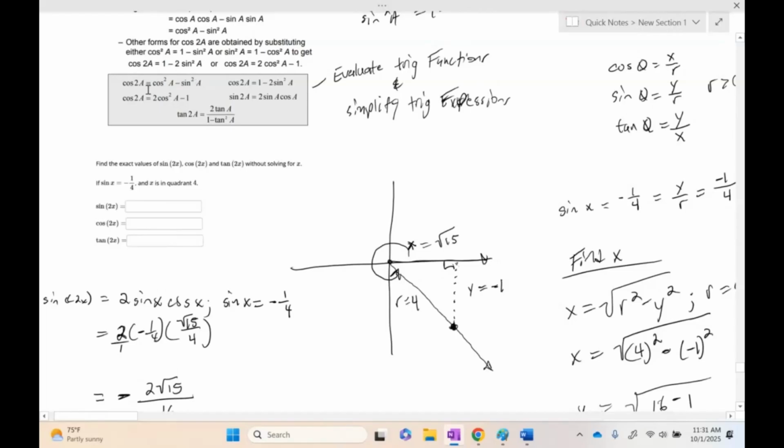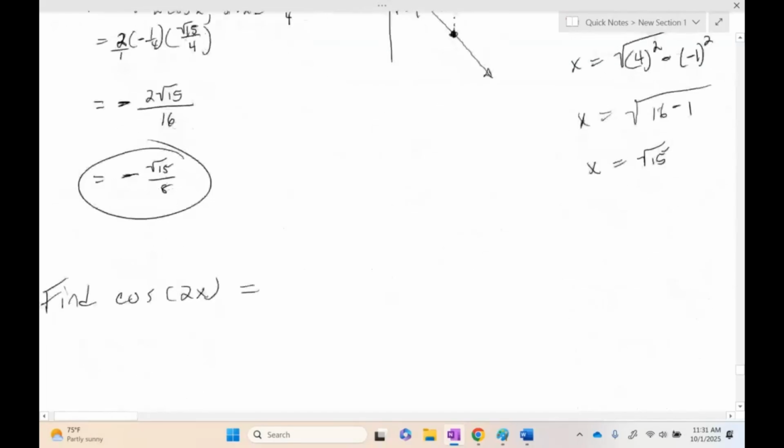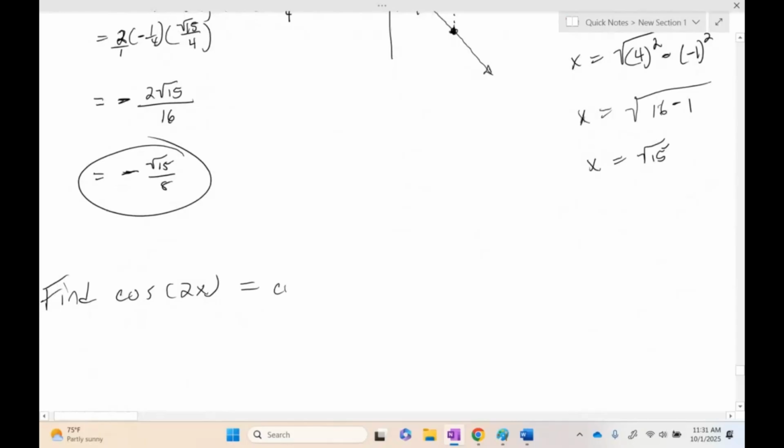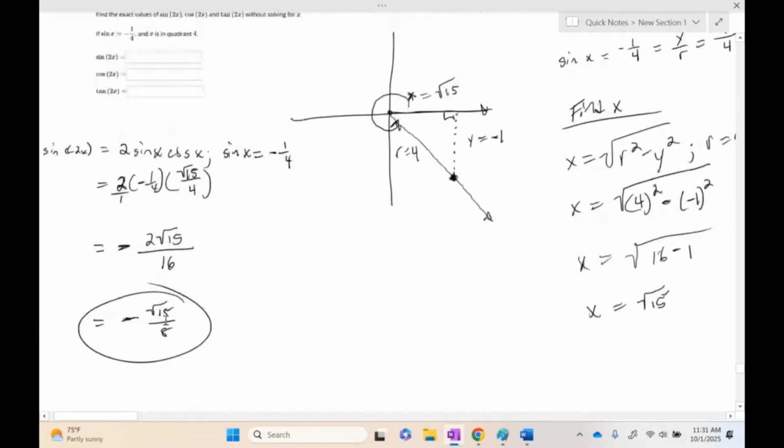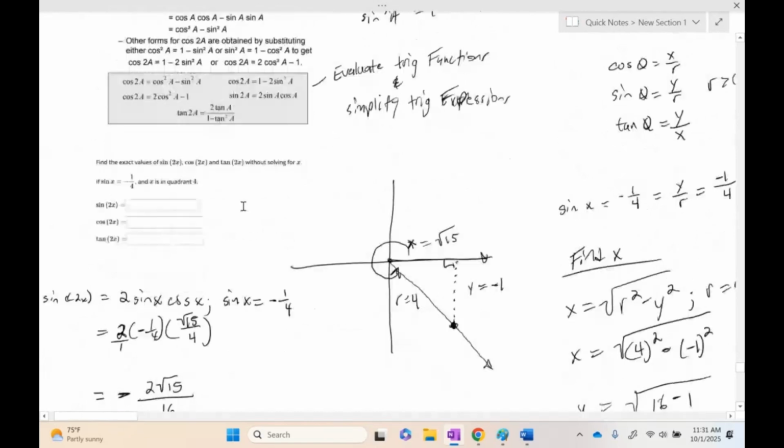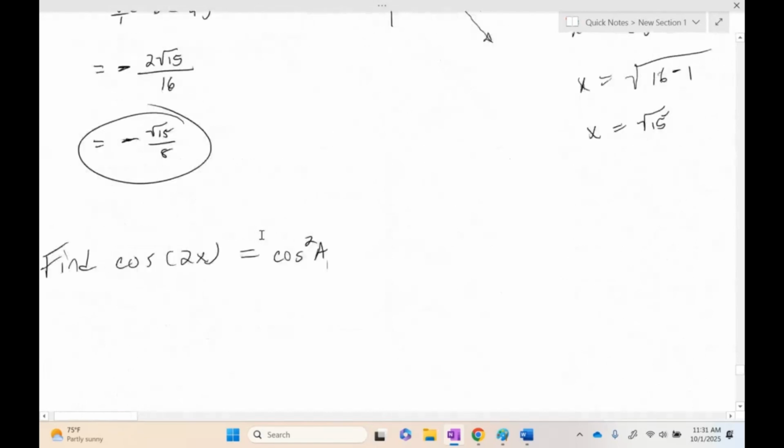Since I know both the sine and the cosine value, I'm going to use this first one. The cosine of 2a is equal to cosine squared a minus sine squared, or in this case, it's going to be x because our variable is x, minus sine squared x.